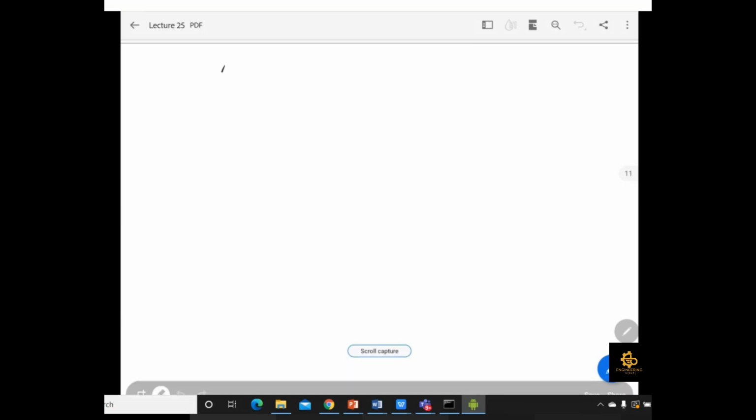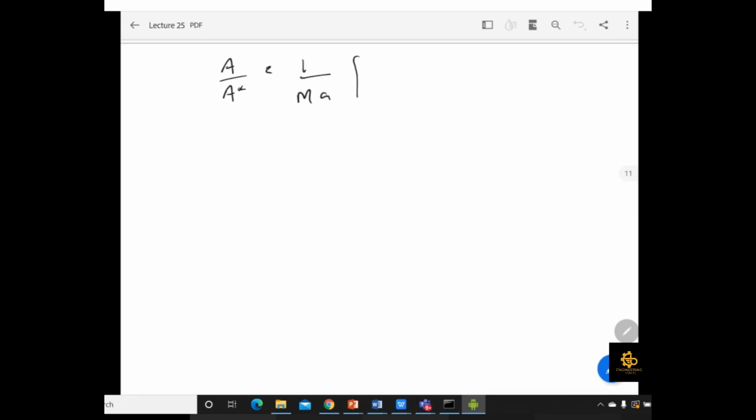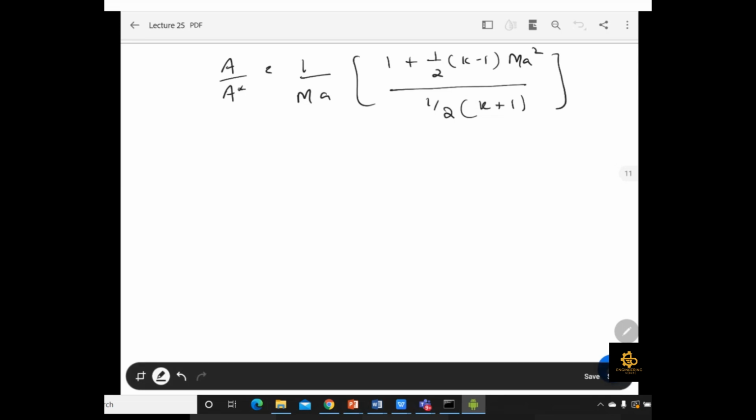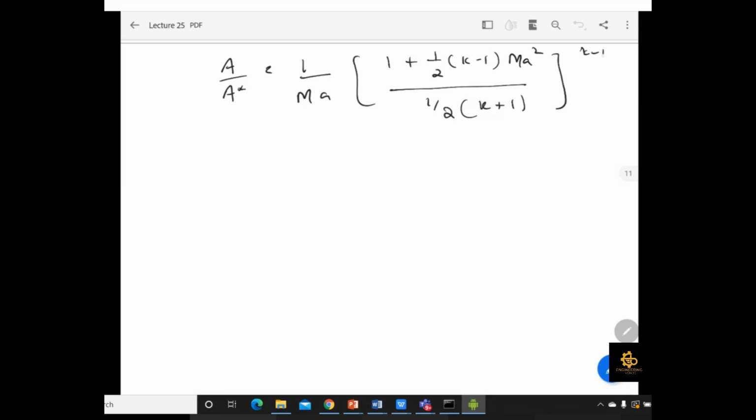By plugging in all the values, you will get the equation which we can already see: 1 over Mach times (1 plus 1 by 2 (k minus 1) Mach square) inverse, whole to the power 1 by 2 (k plus 1) over 2(k minus 1).